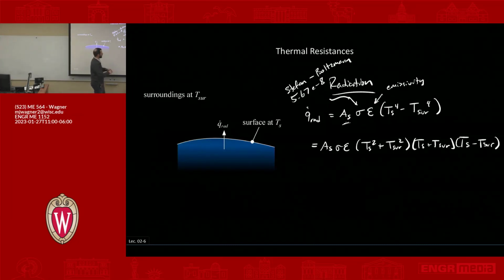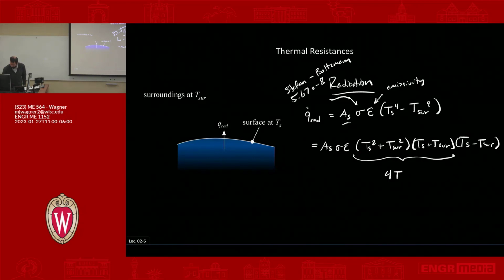except we've still got some things that we're trying to compute, like we don't necessarily know the surface temperature. Maybe that's what we're trying to compute as part of this problem. But we do have this driving potential, some other stuff, and then some constants. It turns out for radiation problems, most of the time, you can do a pretty good job of approximating this term here by using the product 4 times T bar cubed, where T bar is just the average of Ts and T surroundings.